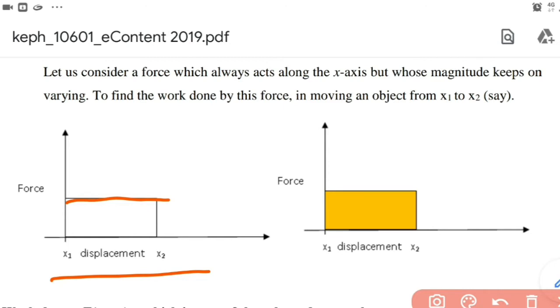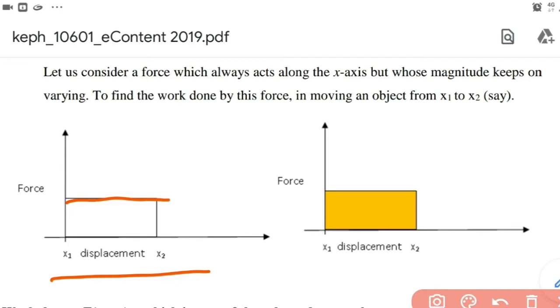And you know the expression for the work done is force into displacement, and we can see that force into displacement is the same as the area under the graph. That means the area of the space between the graph and the x-axis gives the work done.